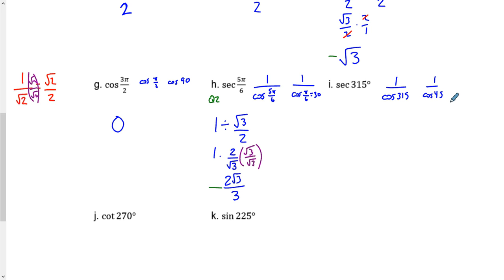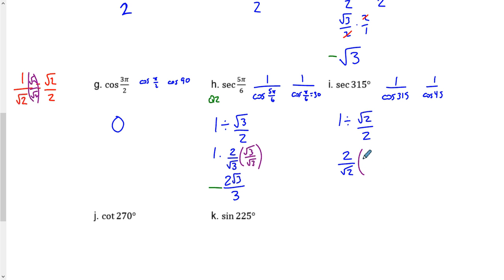So 1 over cosine of 45. 1 divided by root 2 over 2, which means it literally just becomes a 2 over root 2.